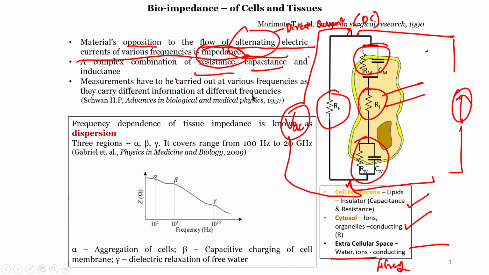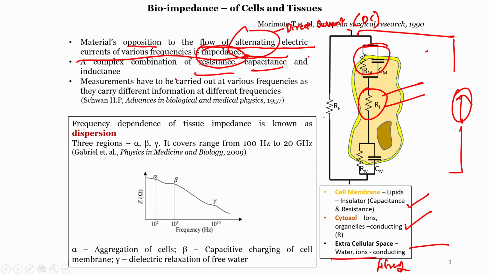This different information at different frequencies is usually called dispersion of the tissue. What that means is, at specific frequencies the impedance spectrum has very characteristic turns, and several factors contribute to these major turns in the spectrum. These are called alpha, beta, gamma dispersions. Okay, alpha, beta, gamma dispersions.